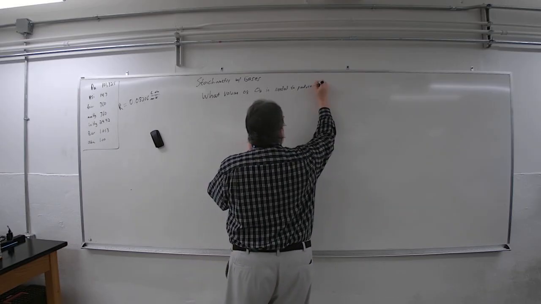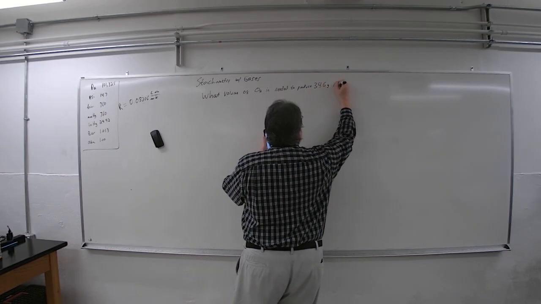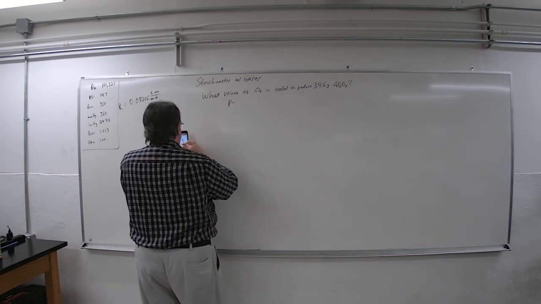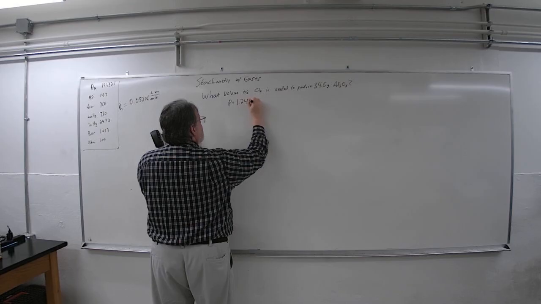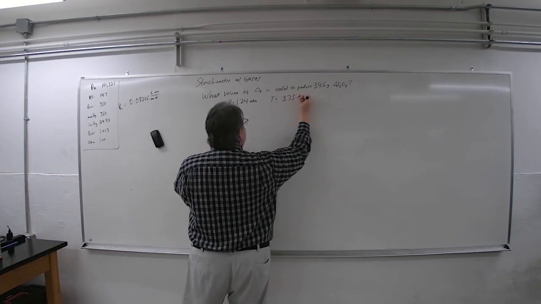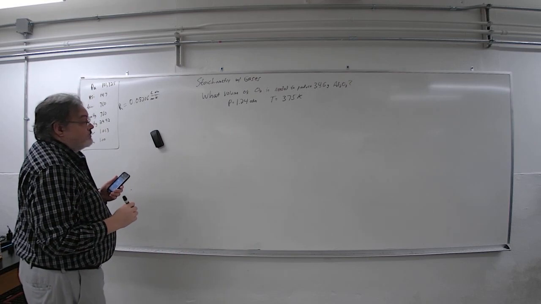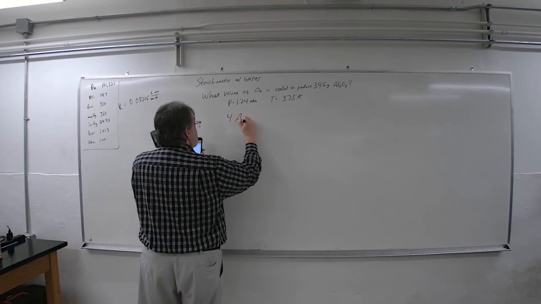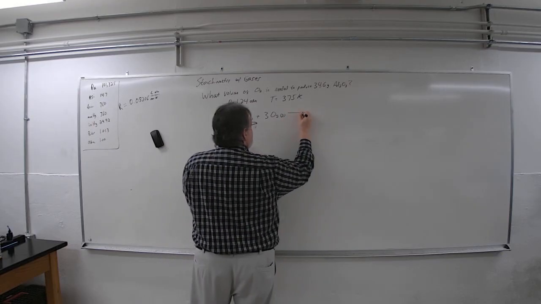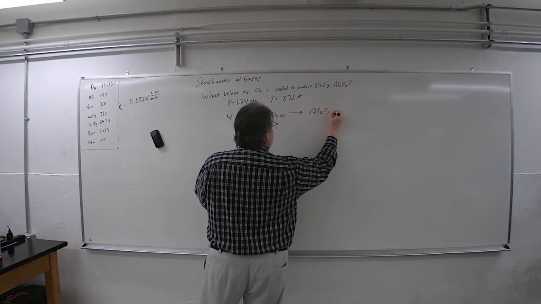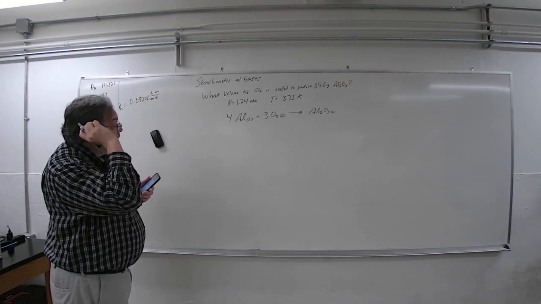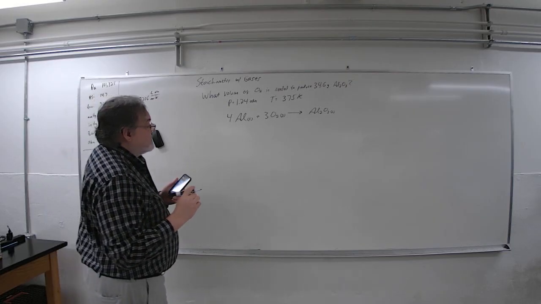We need to produce... pressure is... okay, you need this. Six oxygens. There should be a two.